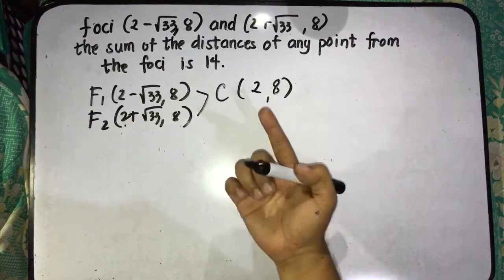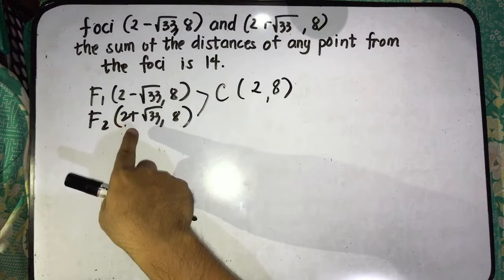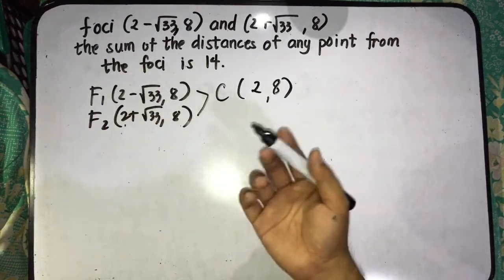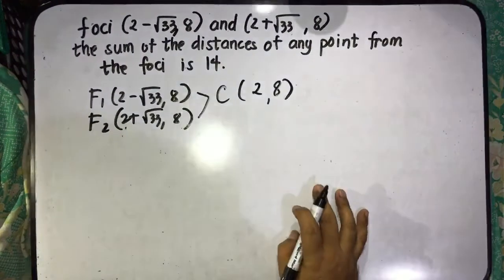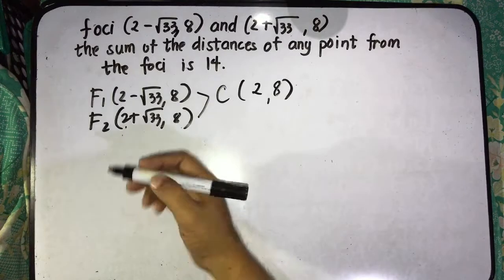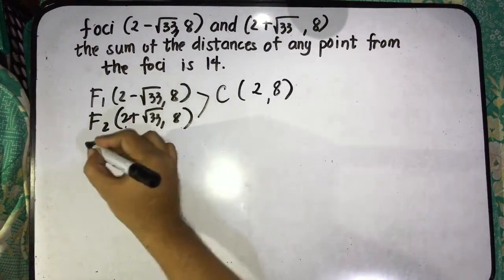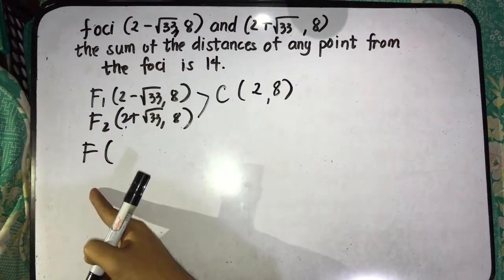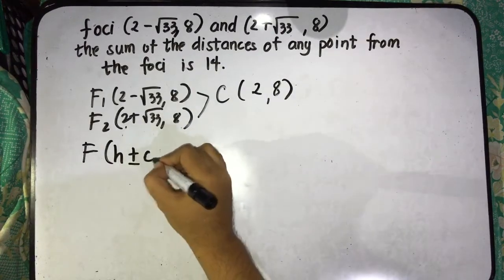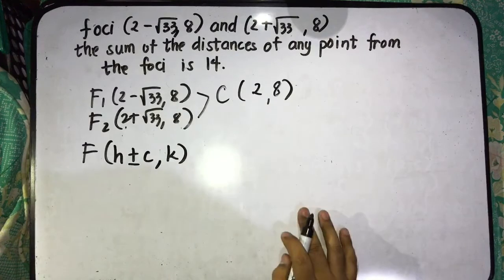Okay, so if that is the center going to any point of the foci, that is C. So, paano natin gagawin? Actually, there is a technique para makuha. Okay, so, always remember that ang formula sa foci would be h plus minus c, k.